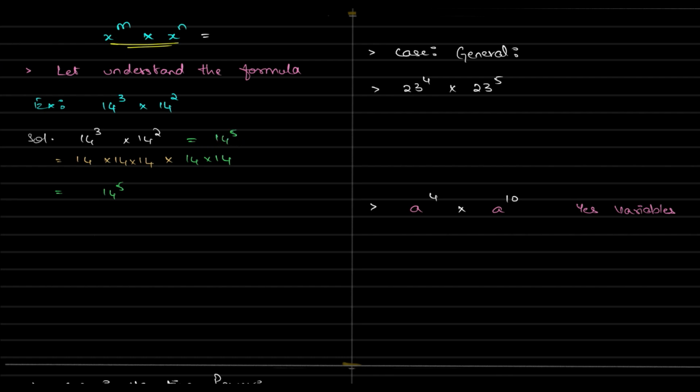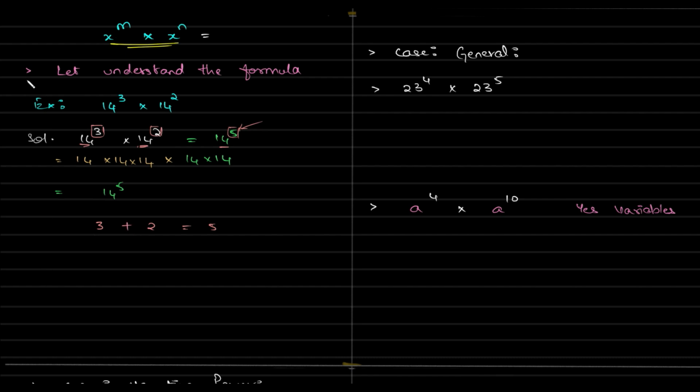Right? Now, the question is, how are 3 and 2 related to 5? See, the bases are same. The only thing which is changing is the power. How are they related? 3, 2 and 5. From 3 and 2, I need to get 5. What kind of operation?